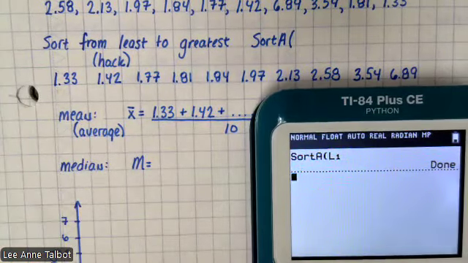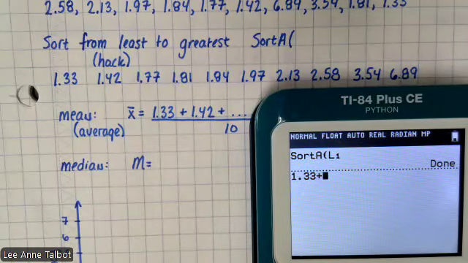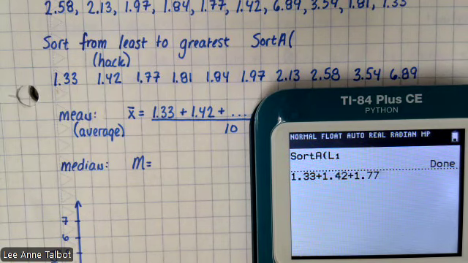So we're going to add all of the numbers together, 1.33 plus 1.42 plus 1.7781.